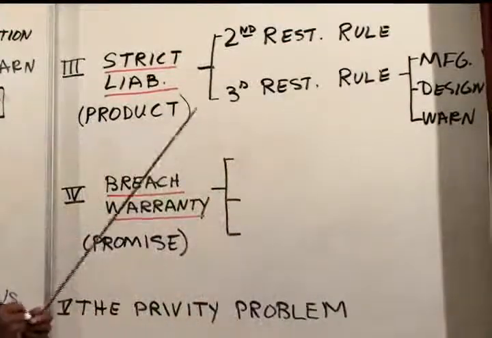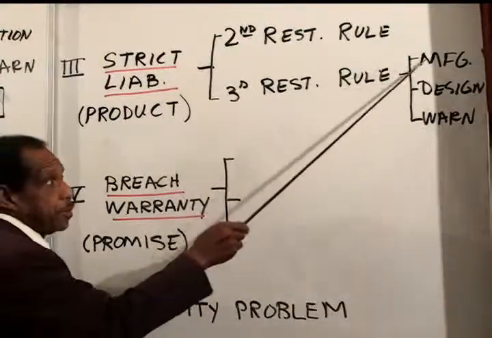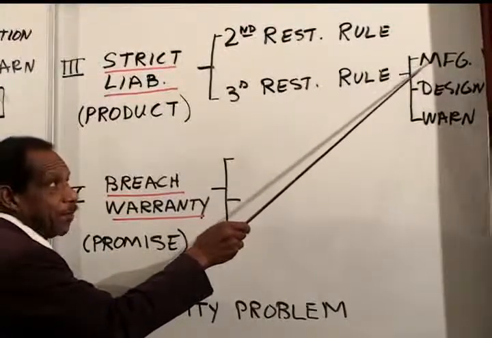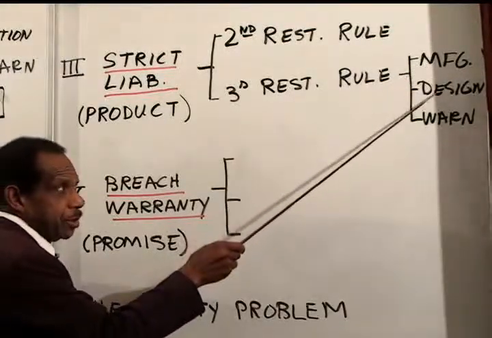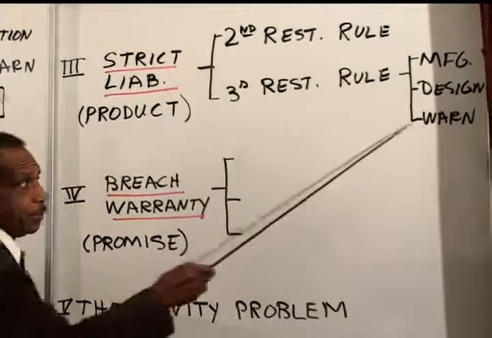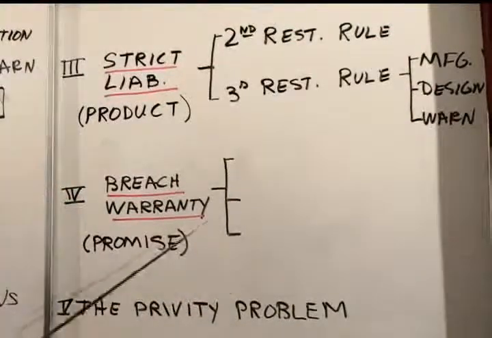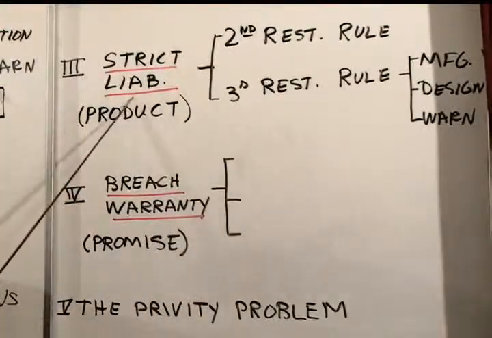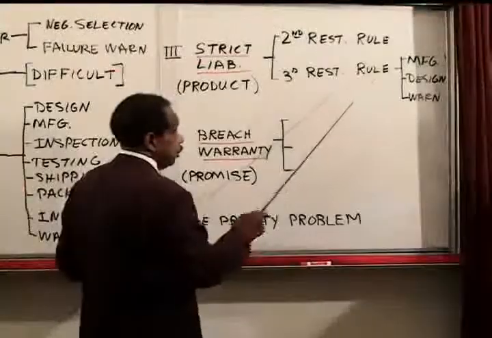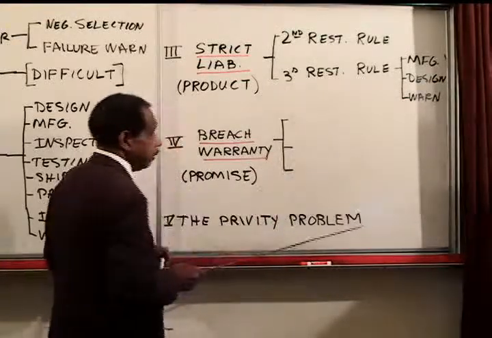So the Third Restatement of Torts gives the standard for what makes a product have a manufacturing defect, what constitutes a design defect, and what constitutes a defect in failure to warn. A product is defective because of failure to put warnings on there. So in the strict liability part of the problem in products liability, you need to go through each of these three when you're applying the Third Restatement of Torts.